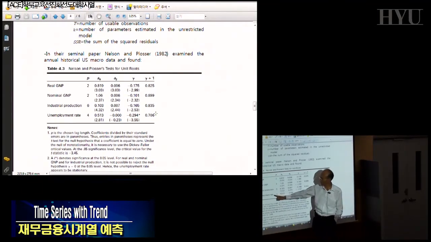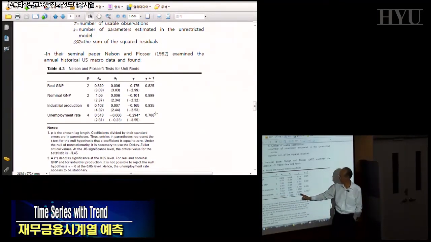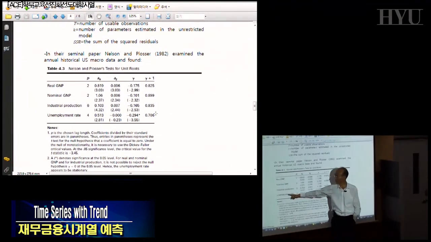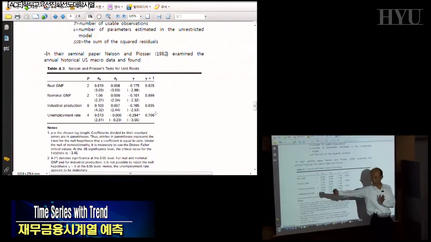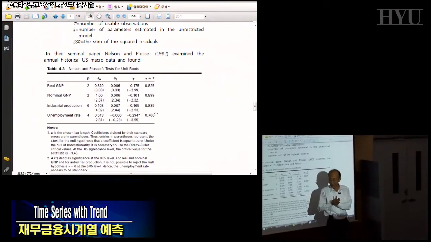But if you look at unemployment rate data, this number is now very small, right? Very small. So there is evidence that minus 0.294 is not 0. It's a significantly negative number. So concluding, the unemployment rate, if you look at long annual historical data up to 1982 in the United States, is a stationary time series.